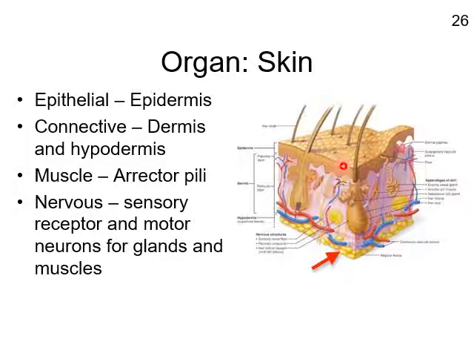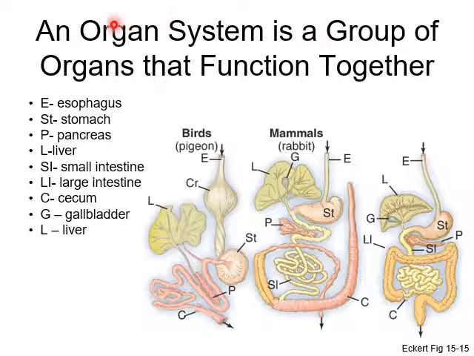And then ultimately, we put multiple organs together to make an organ system. In our digestive tract, we got multiple organs here serving different functions to serve the function of digestion, which we will cover pretty late in the semester.